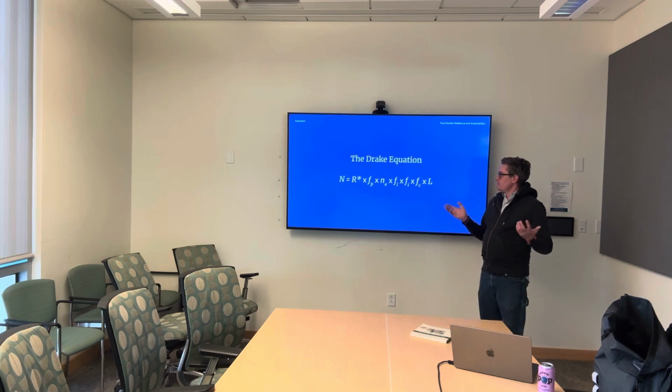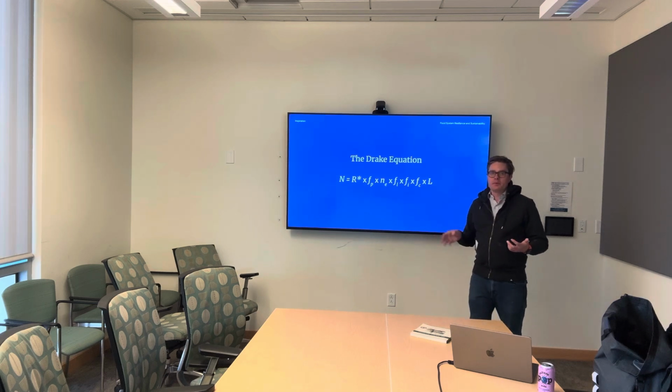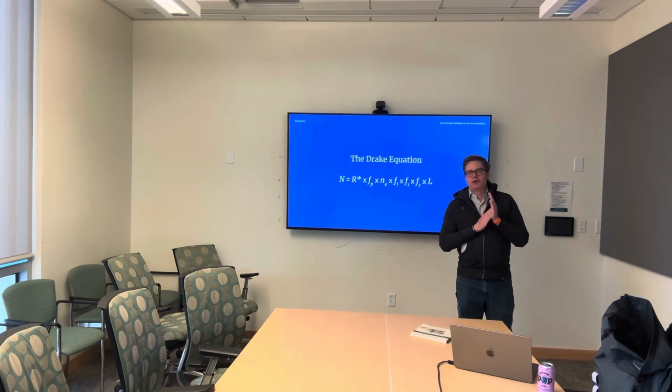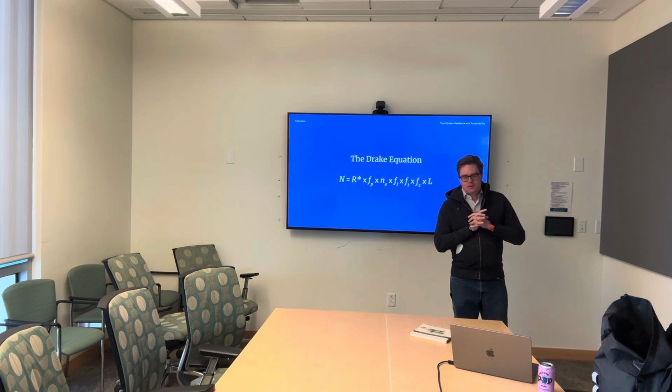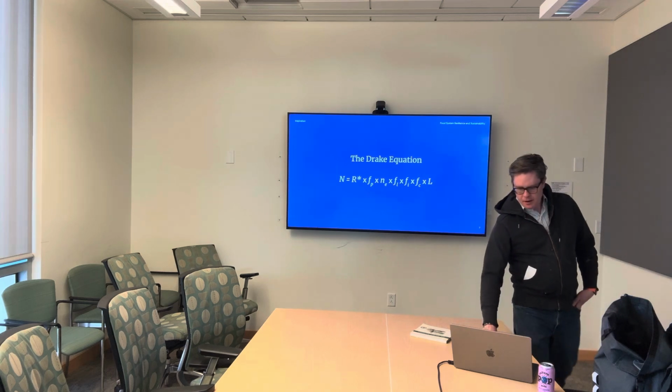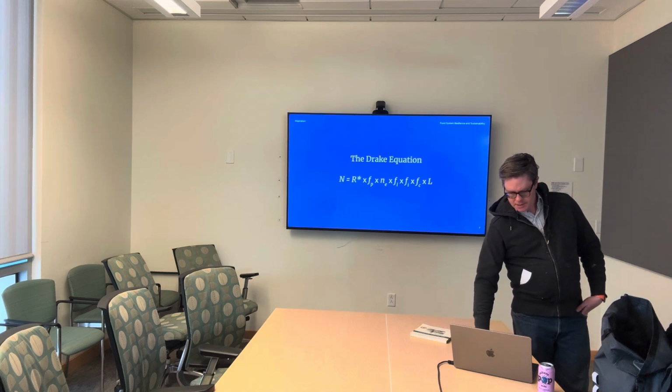And so this actually got pretty far and remains one of the most powerful equations in astrophysics when discussing the topic of extraterrestrial intelligence. So what does that mean for us?